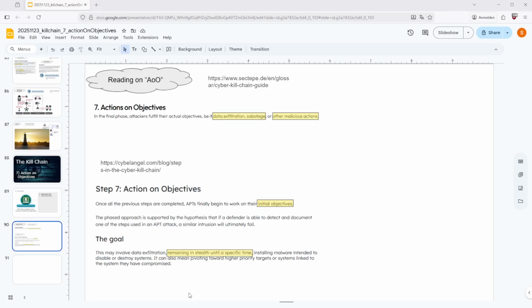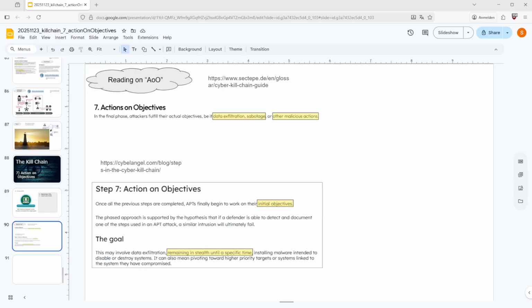So it can also mean pivoting. Let me put this a little bit to the top. "It can also mean pivoting towards higher priority targets or systems linked to the system they have compromised." Yes, so if you compromise a smaller company and that company has access to the bigger one, this is how you can infiltrate and cause damage to the bigger company where the real initial objective lies.